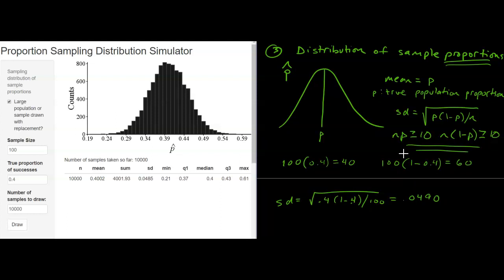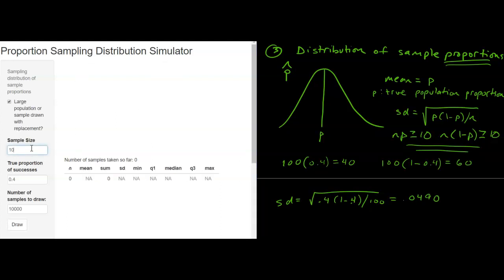Actually, while we're at it, let me show you what would happen if those assumptions did not pan out. So let's go back over to the simulator, and this time I'm just going to tinker with the sample size a little bit. Let's pretend we had a smaller sample, and in addition to a smaller sample, let's say that our true proportion of the population that was going to vote for a particular candidate was 0.2.